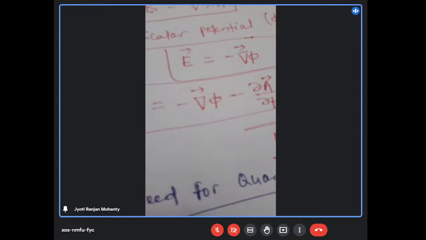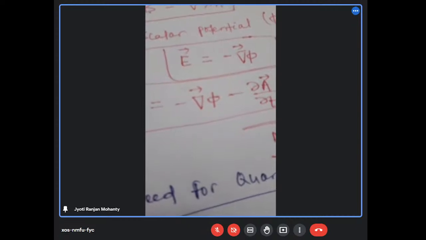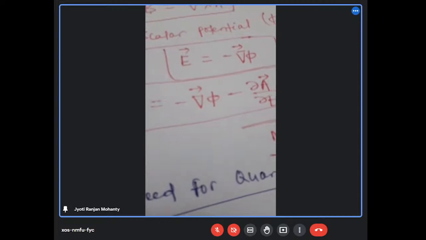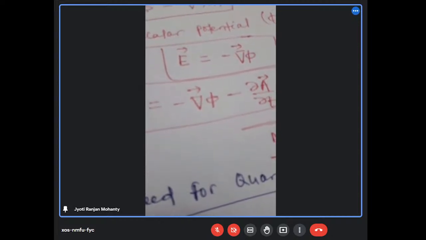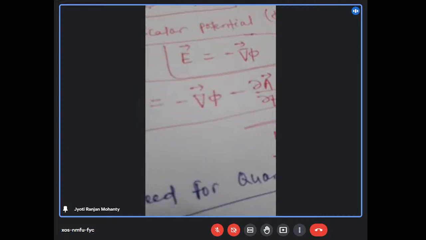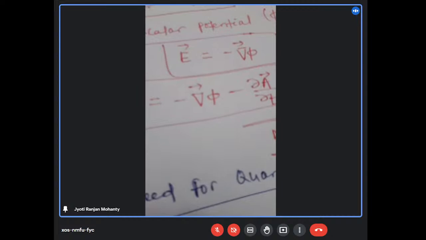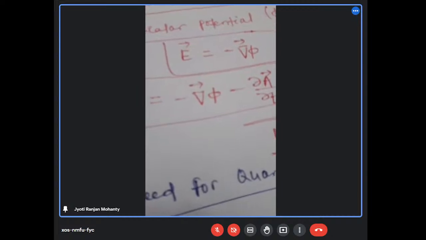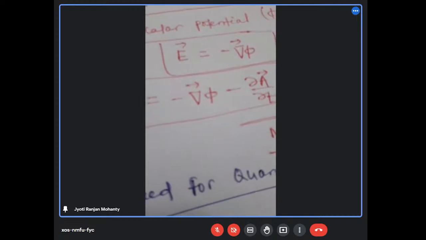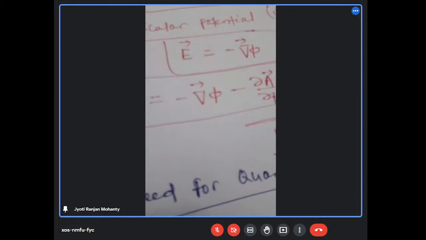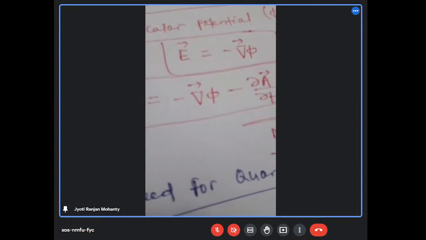We don't require further development of physics; whatever we thought is sufficient. But many new phenomena were observed during the last decade of the 19th century and the early part of the 20th century, and these could not be explained by classical physics.